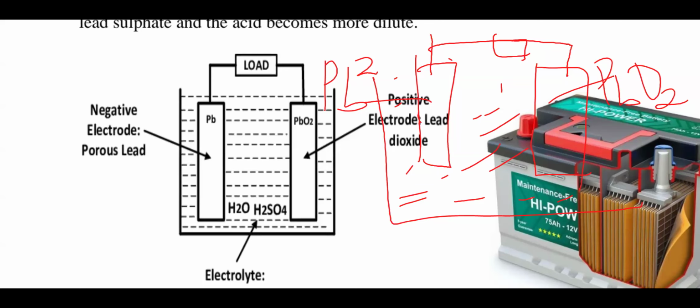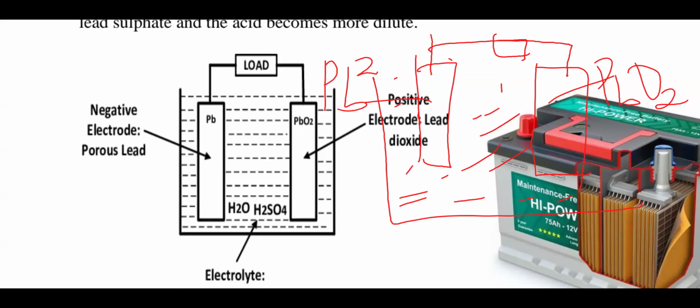Because zinc is more reactive in the reactivity series than copper. So zinc will be able to react faster and supply, because if zinc is more reactive, that cell is most likely to work at a faster speed and be able to supply.